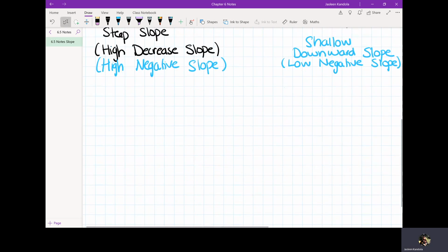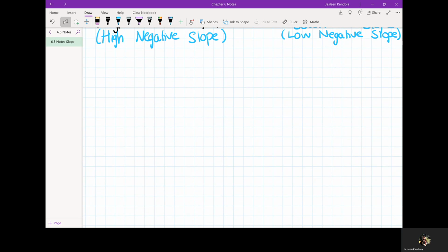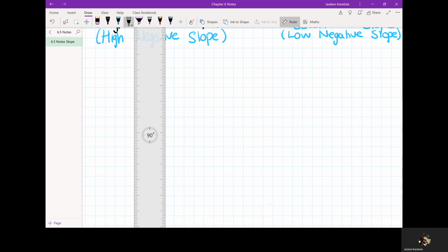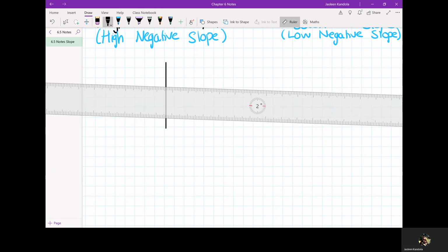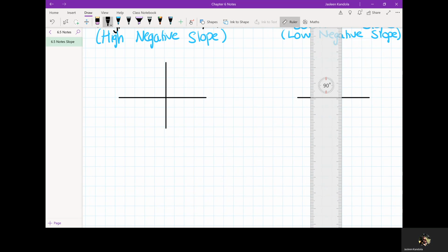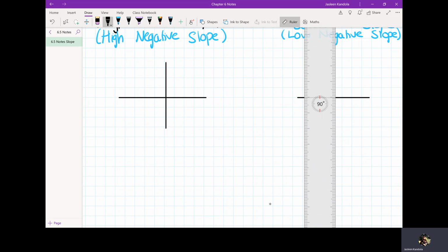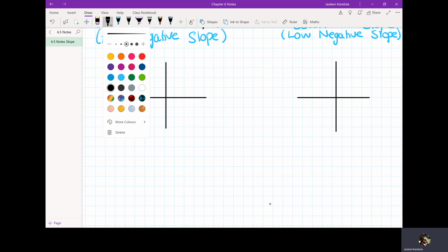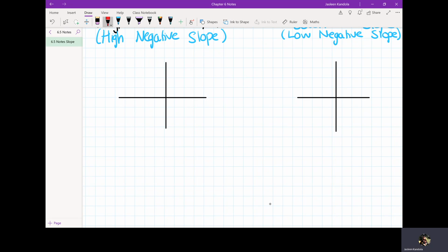For instance, let's draw again a graph. Okay, so suppose we have this, and suppose we have something like this.